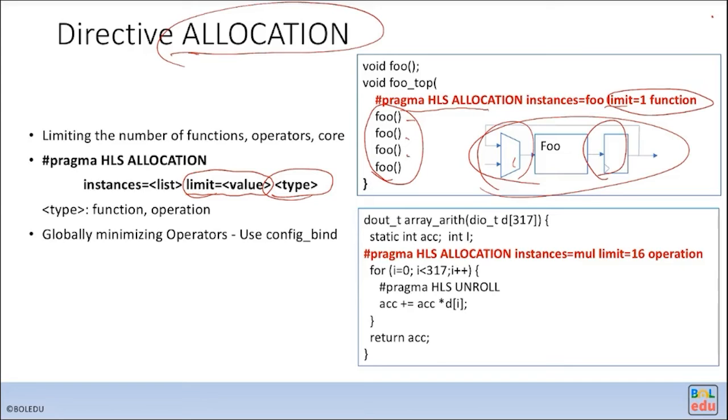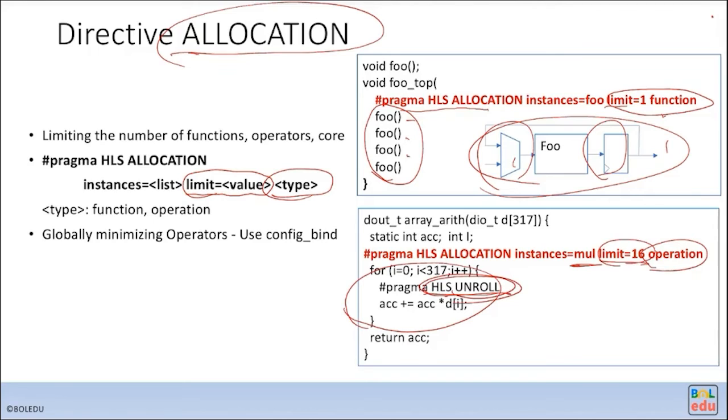And then for this example, you can specify an operation. Here, you use a fully unroll. However, depending on your area requirement, you limit it to using 16 multiplications.